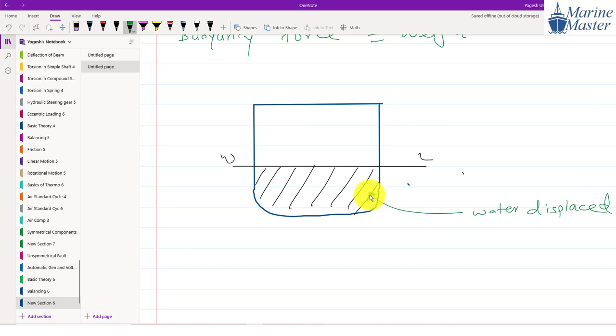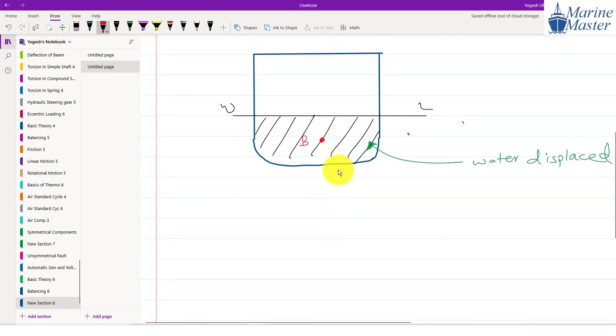And the centroid of this area will be what, guys? It is the center of buoyancy. It is the centroid of water displaced. Centroid of water displaced will be what? Center of buoyancy.